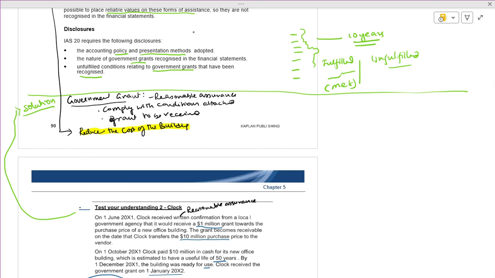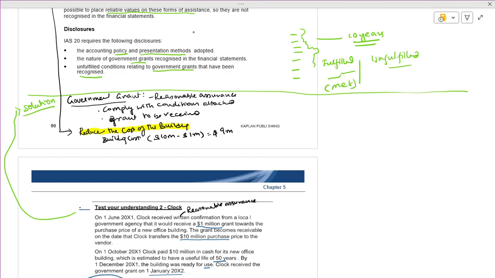Building cost will be 10 million minus 1 million, because they are receiving a grant to the extent of 1 million. It comes to 9 million.